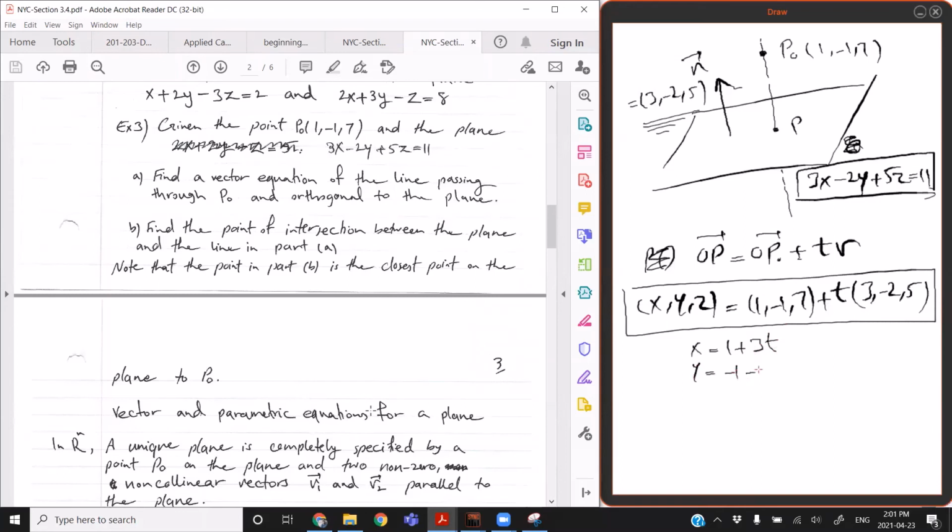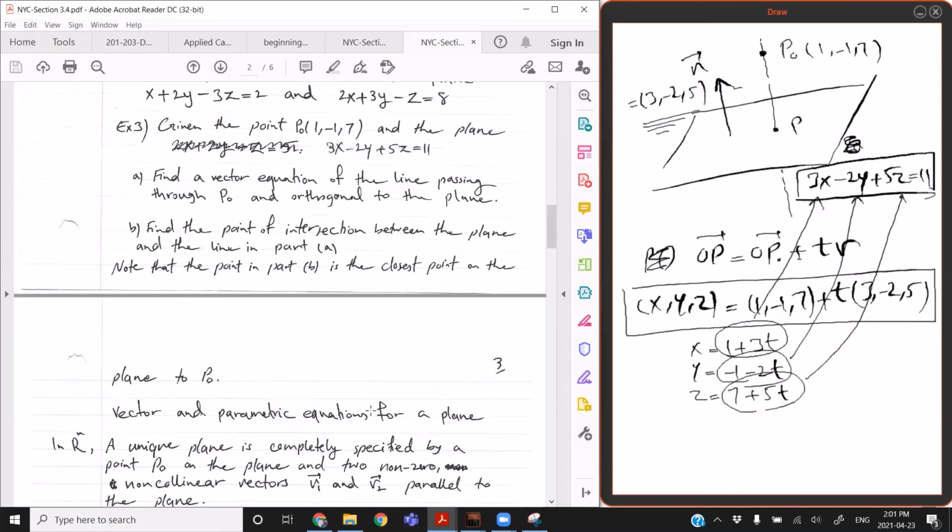Negative 1 minus 2t, that's for y. And z is 7 plus 5t. Then I would need to replace this for x in the plane, replace this for y in the plane, and replace this for z in the plane to find t.